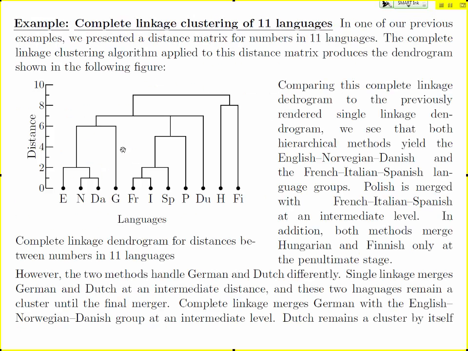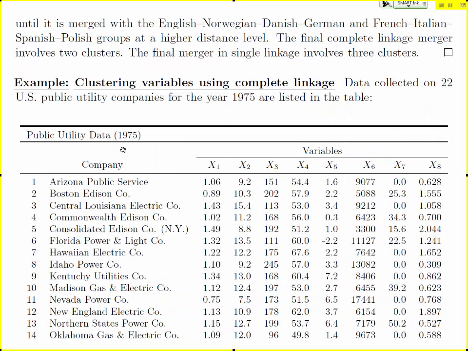And which one of these to choose? Should it be single or complete or average linkage? Read through the examples. There are some subtle differences in the kind of stories that the pictures tell depending on the linkage type. But I did want to show you this example here, which is a little bit different.